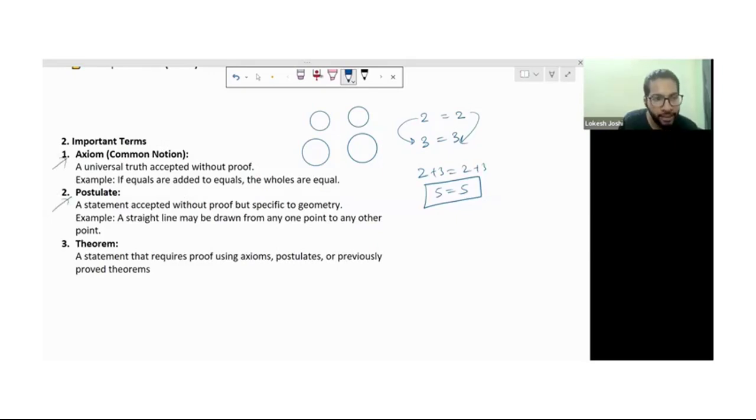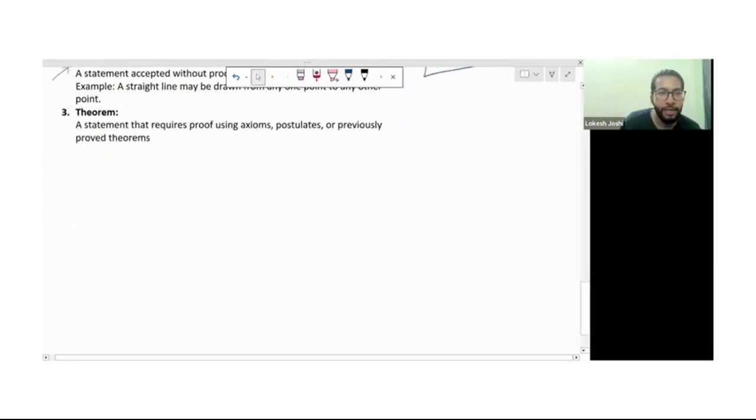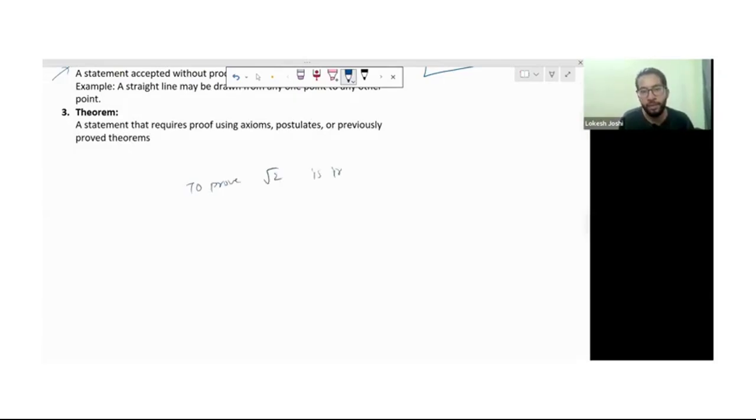Okay, so if we talk about geometry, then we consider postulates, and for mathematical terms we have axioms. Now the last part, theorem. A theorem is a statement that requires proof using axioms, postulates or previously proved theorems, which means, like previously in the chapter of rational numbers which we have done, the most common question, to prove root 2 is irrational.